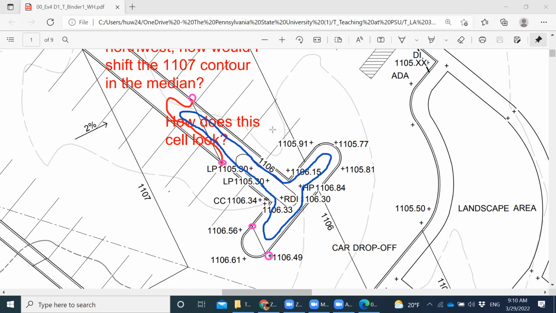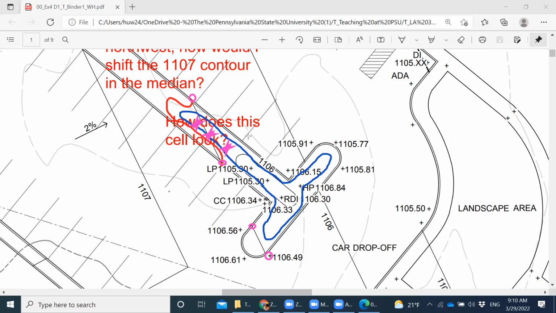Keep the distance between these contours so that you would have a shallow, gentle slope. Otherwise, how you connect these points, they're totally flexible.